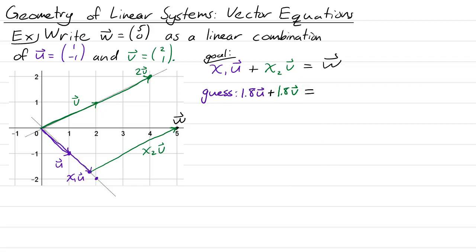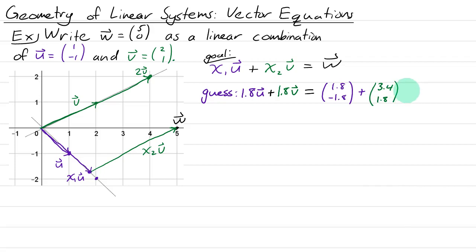Do we get w? Well, 1.8u means multiply each of these coordinates by 1.8. Doing 1.8v gives you 3.6, 1.8.